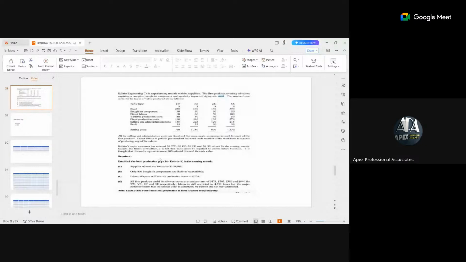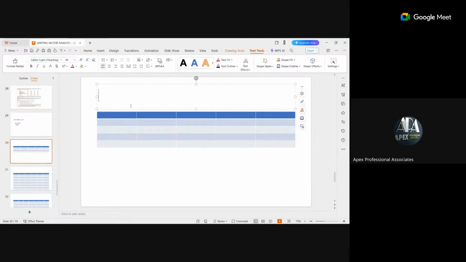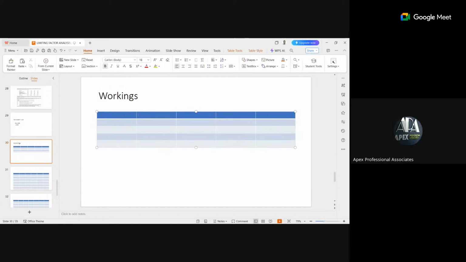Now, in relation to steel, our contribution is what? Let me start showing my workings. Let me say this is products.